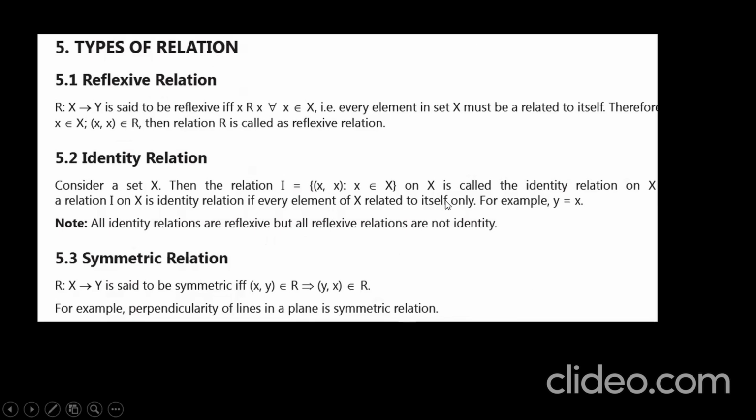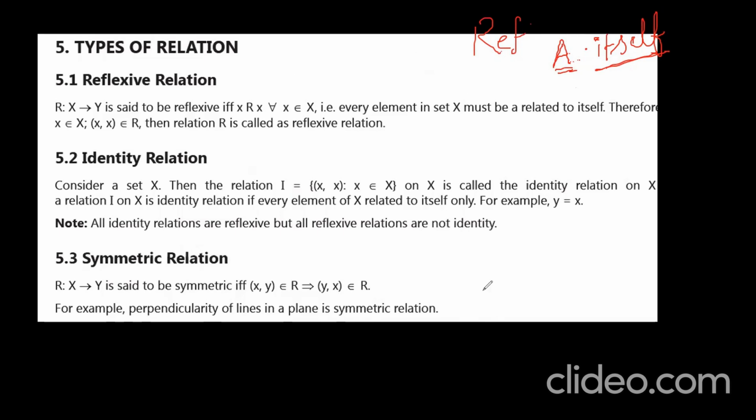A relation R on set A is said to be reflexive if every element of A is related to itself. If every element of A is related to itself, then it is called reflexive relation.